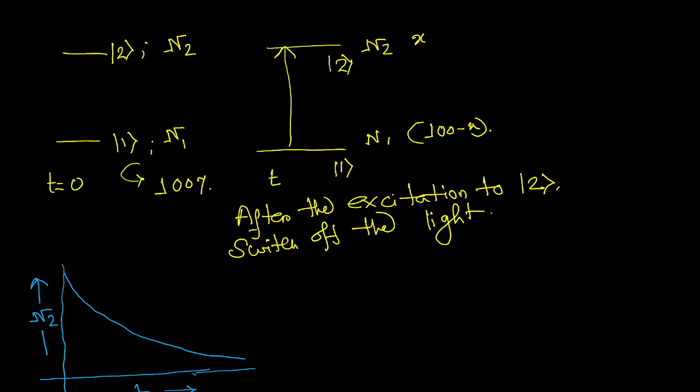If we write the expression for the change of population of excited state 2 after switching off the light, it is proportional to n2, and the proportionality constant is A, as mentioned earlier.